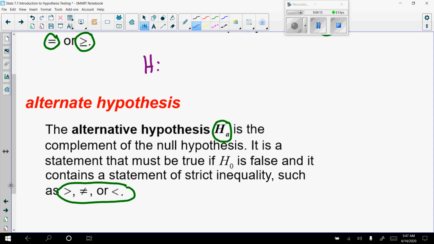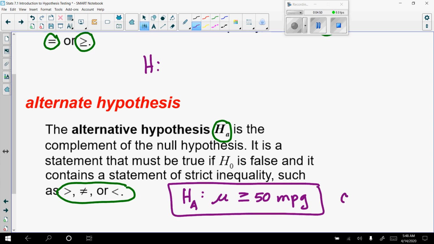The claim is usually placed in the alternate hypothesis statement, because the whole purpose of doing a hypothesis test is to show that your product is unusual, that there's something special about it that makes it marketable. So our alternate hypothesis is that the mean gas mileage is greater than or equal to 50 miles per gallon. That is the claim by the manufacturer.